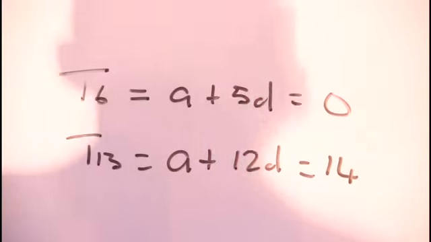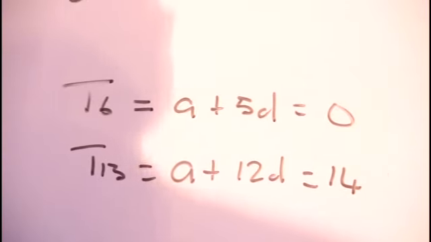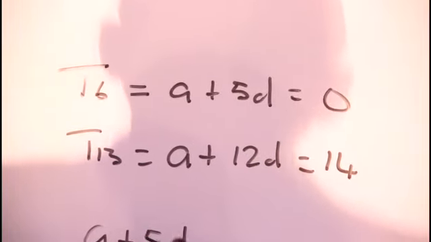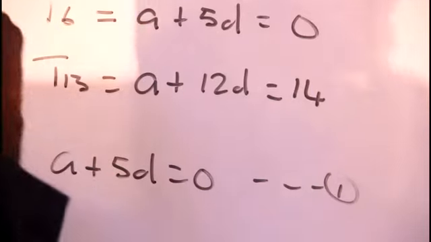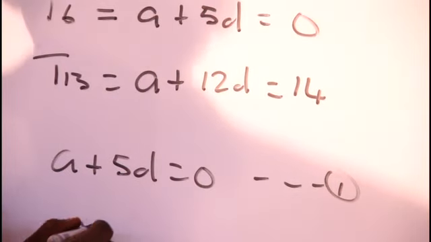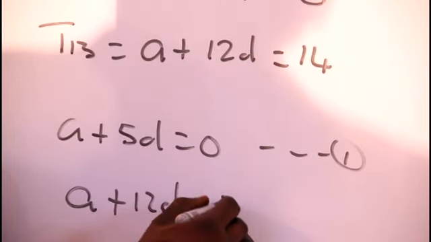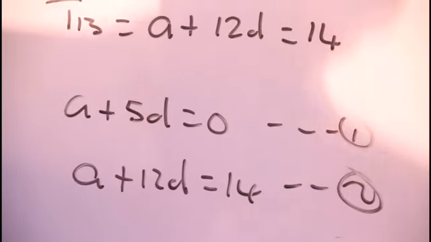So, if we are asked to find the sequence, very simple, we can now say, okay, from this, it implies that A plus 5D being equal to 0, you call it equation 1, and A plus 12D being equal to 14, equation 2, you are just nicknaming the equations.